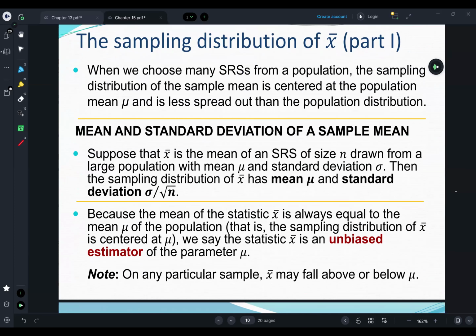When we're choosing these samples, we're using an SRS from the population of interest, a simple random sample, which means every subject has an equal chance of being selected. Once we do that, we build them as SRS of size n, drawn from a large population with mean mu and standard deviation sigma.